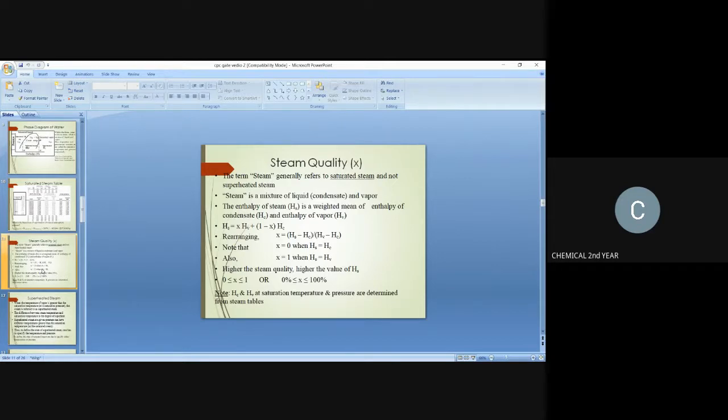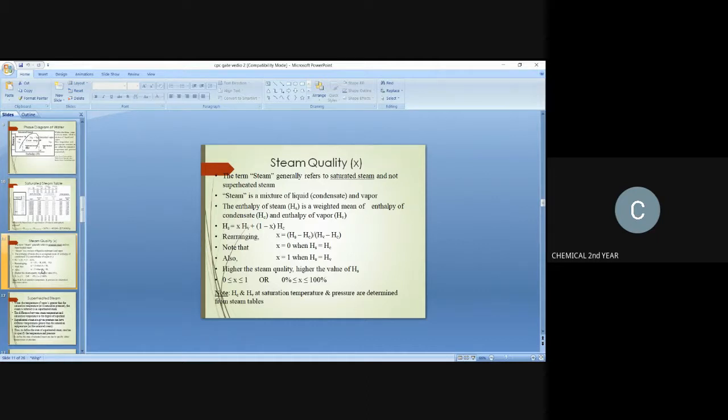Hs is equal to x Hv plus 1 minus x into Hc. Here x is known as steam quality. On rearranging this, x equals Hs minus Hc divided by Hv minus Hc.